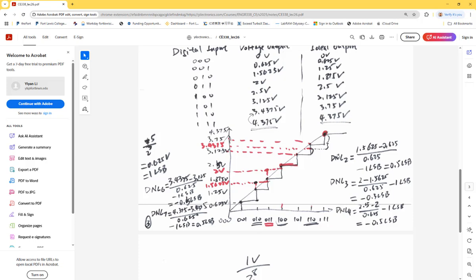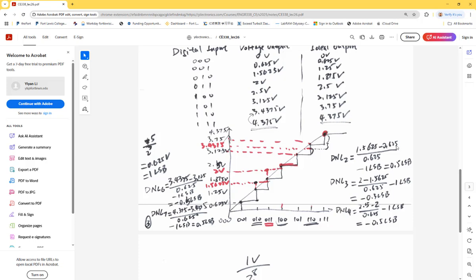So DNL2 equals 1.5625 minus 0.625, and that's the step size. That step size is divided by 0.625, which is 1 LSB. So 0.625 is 1 LSB. The step size divided by 1 LSB equals how many LSBs for that step, right?